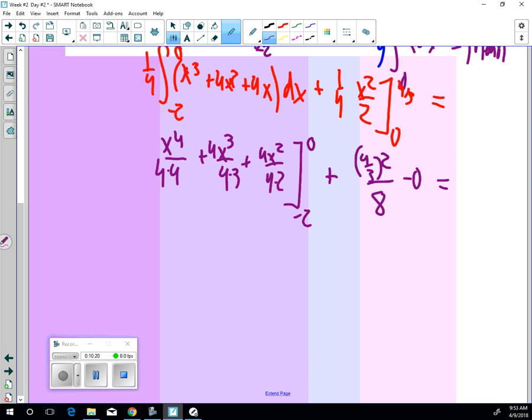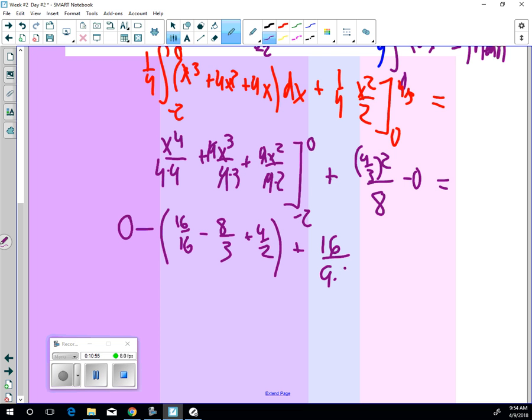Now we got to put in these numbers. Well, I love the 0 first. That's great. That's just going to be 0. Minus, now we're going to put in a negative 2, which is just 16 over 16. Negative 2 is going to be a negative, these will cancel, 8 over 3. And then this is going to be a positive 4 over 2 plus 16 over 9 times 8.